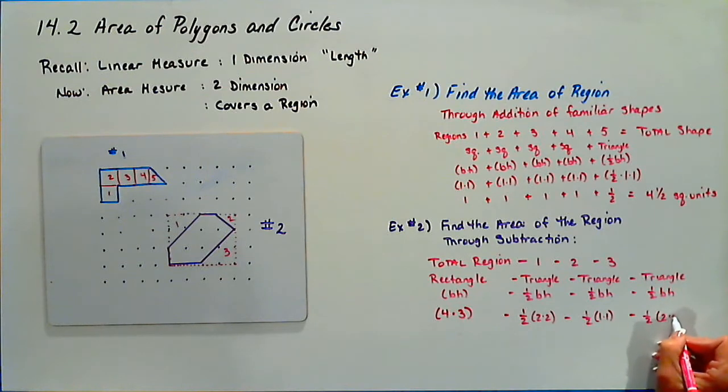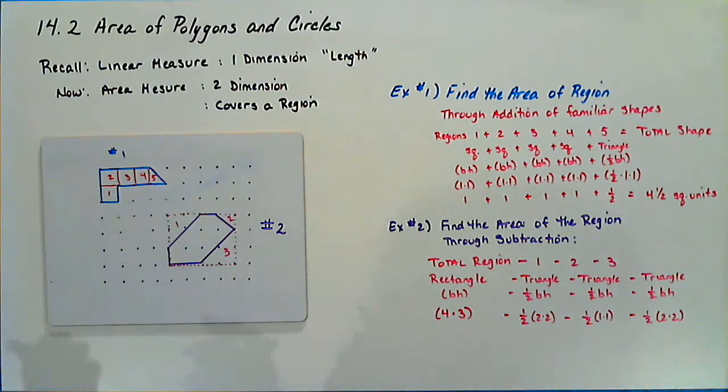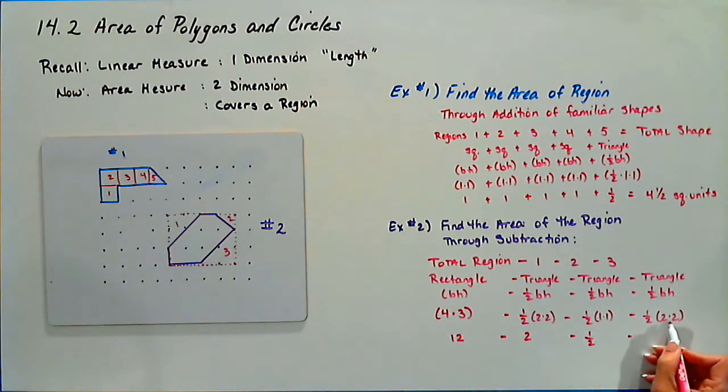So some of you may recognize right away that, according to my drawing, these two triangles are the same size. So I could have put them together and made their own square. But when in doubt, write it out. 2 times 2 is 4, half of that is 2, half of 1. 2 times 2 is 4, half of that is 2.